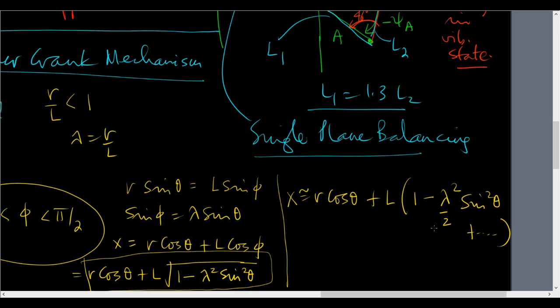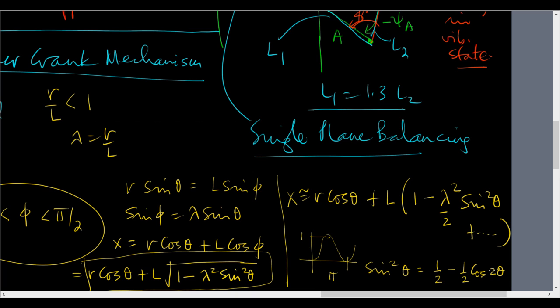Okay, now the sine squared theta also is basically, what is sine squared theta? The way I like to remember it is, so this is pi and that's 1. So sine square theta is equal to half minus half cos 2 theta.